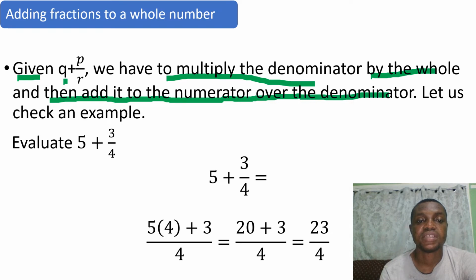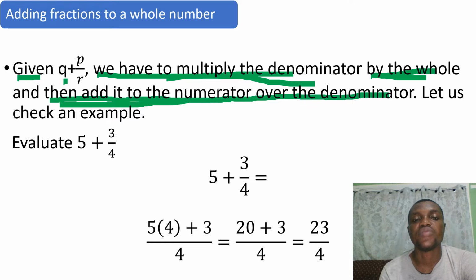So I repeat, we multiply the denominator by the whole, then add it to the numerator all over the denominator. Let us check an example.